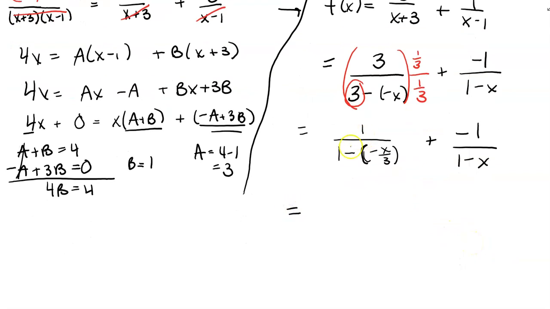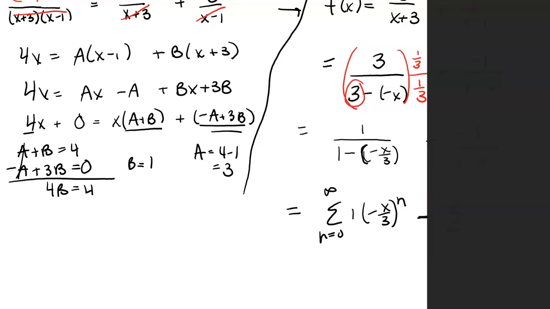For the first one, my a is going to be 1, so I'll have the sum from 0 to infinity of 1. My r is going to be negative x over 3, so I'll have negative x over 3 to the nth power. For this one, let's just bring down the negative, and we'll have a equals 1.